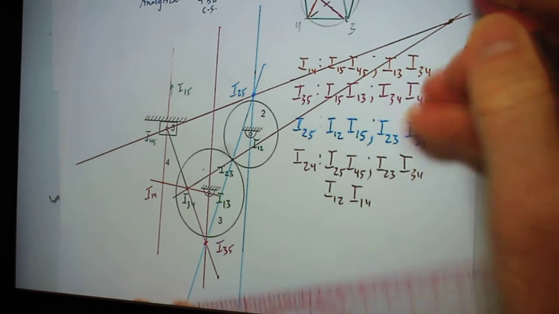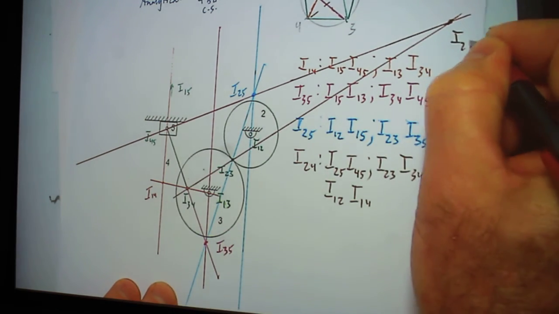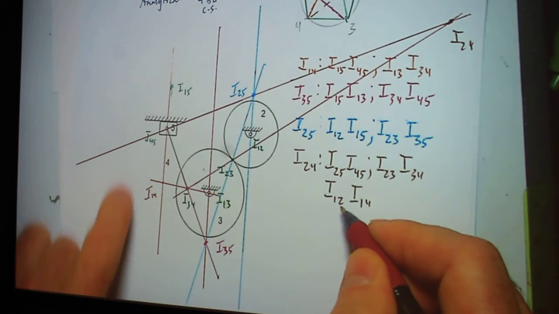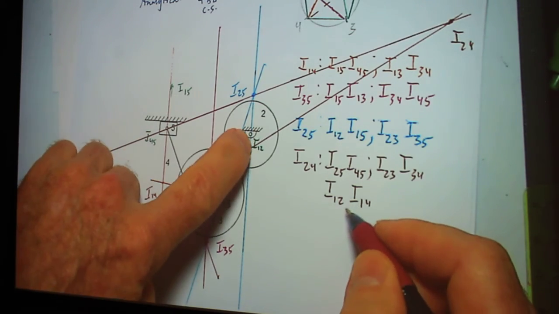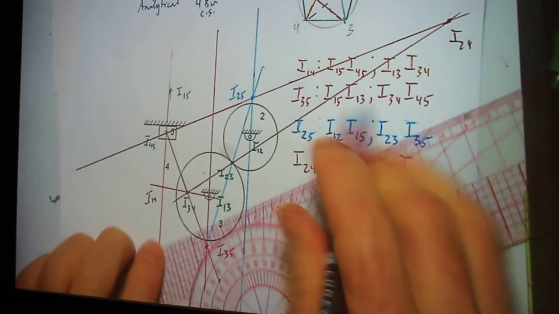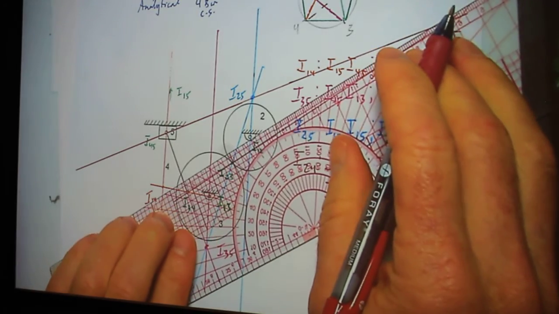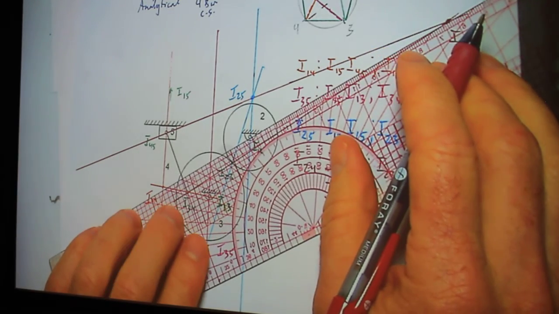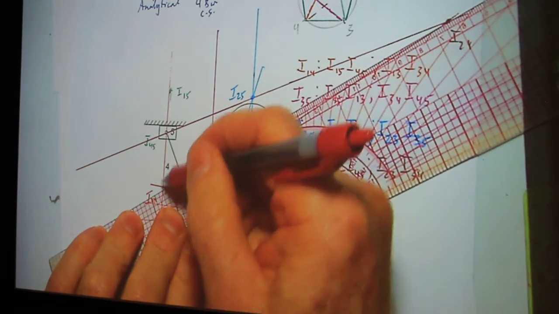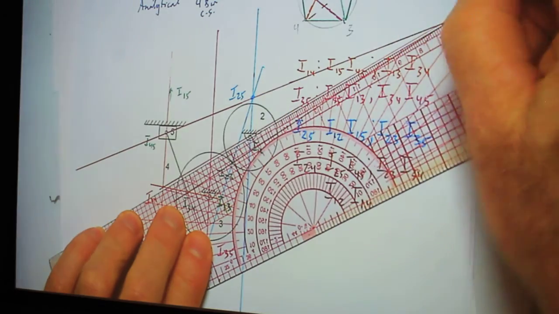So here is where I think I24 is, and if we draw a line through 1-2, 1-4, good. Look at that.